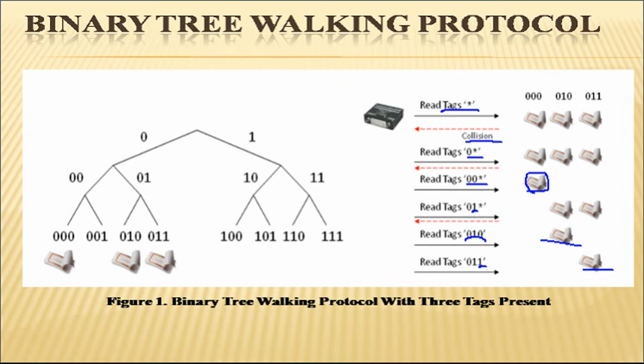Another solution we can provide is a blocker tag to jam readers that attempt to traverse UID trees. Such a blocker tag uses two antennas to simply send both zeros and ones for each reader query. So this can create collision at each branch of the tree.